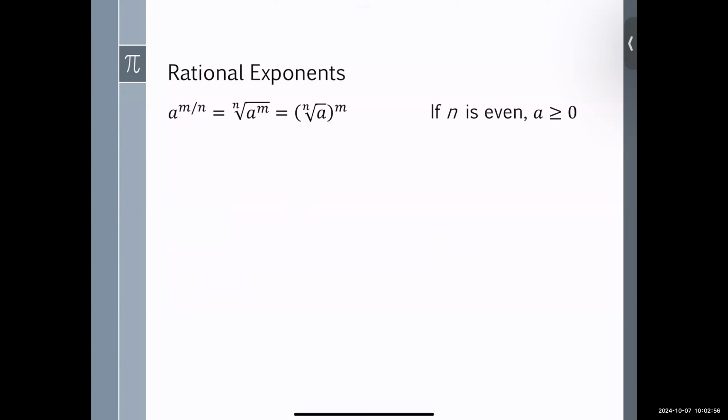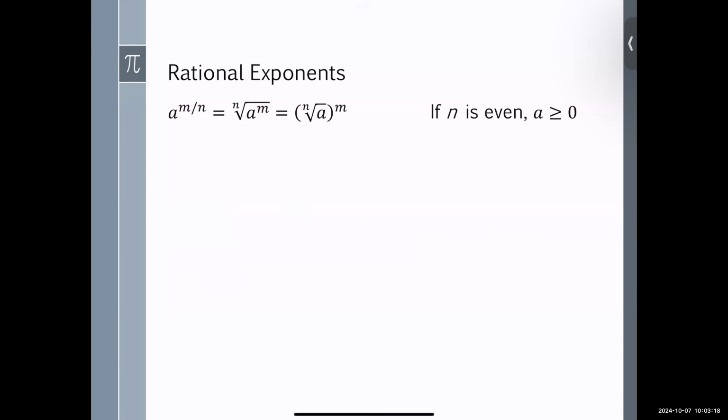So the denominator of this rational exponent is the root you're taking. And then the numerator is whatever you're raising that number to. Now, by definition, that's also equivalent to taking the nth root of a and then raising that to the m power. It's the same value.